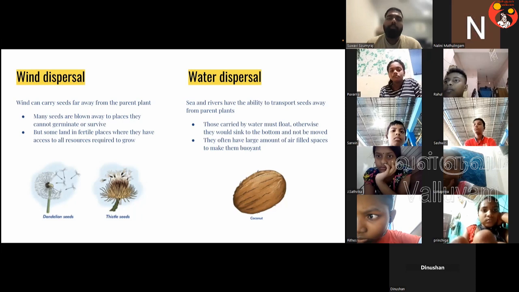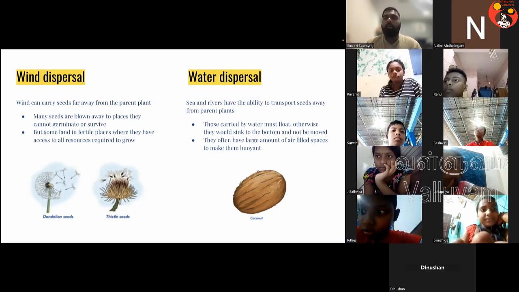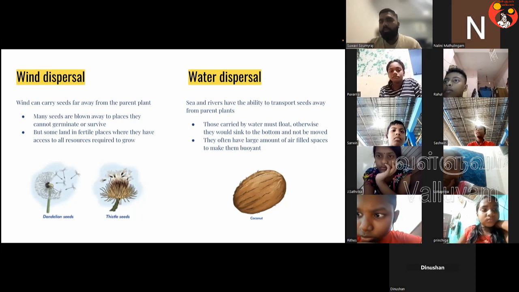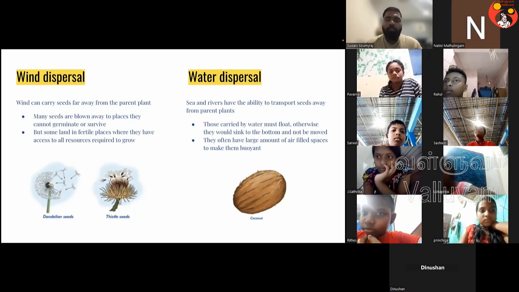Because that's what makes them buoyant to float on top of the water to successfully travel from one location to the other. If they are too dense and they sink to the bottom of the river or the seabed, they won't move and therefore the dispersal won't take place.